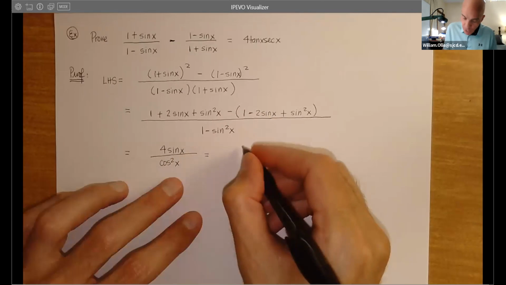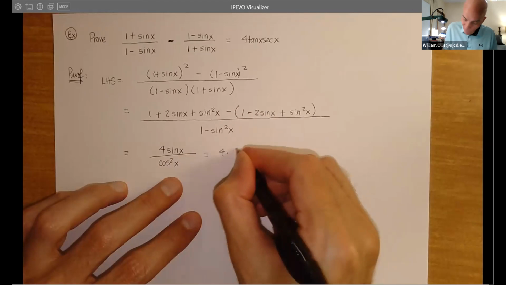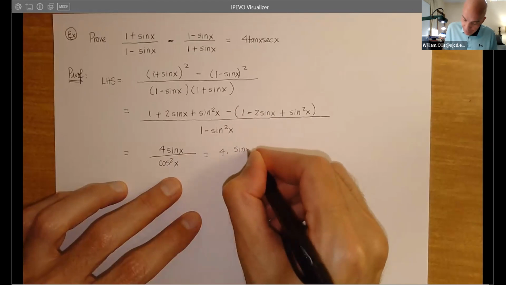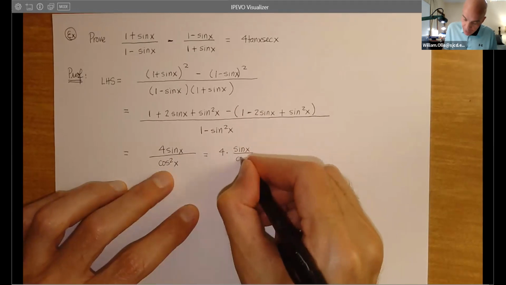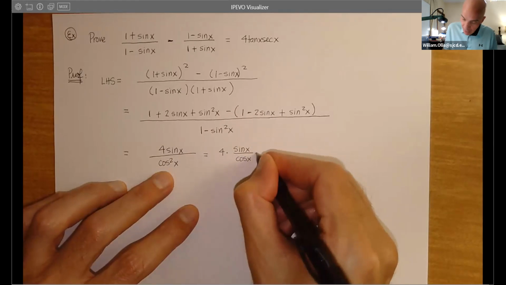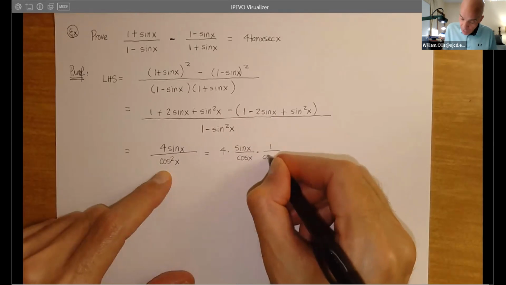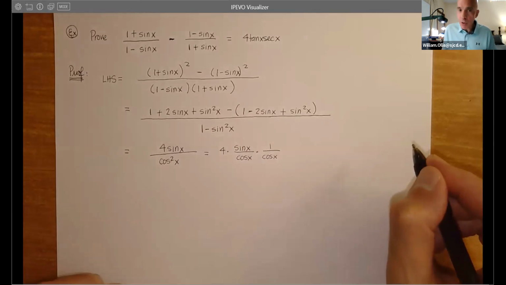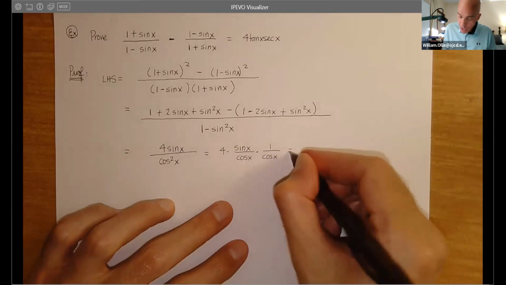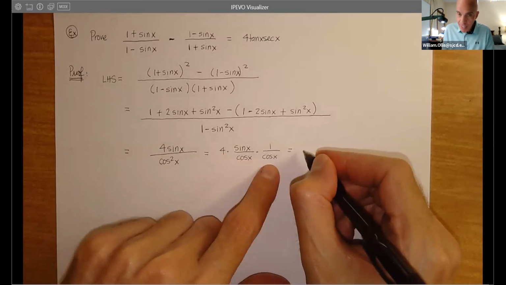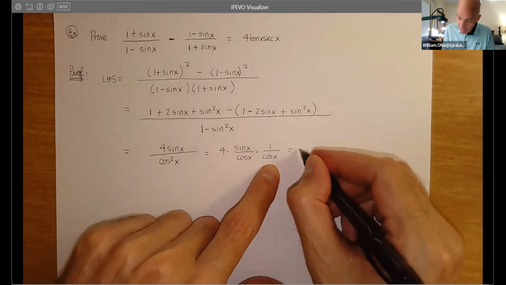So now equal opportunity. This will be 4, and we'll just do sine x divided by one of the copies of cosine x, and then a 1 divided by the other copy of the cosine x, just using properties of multiplication. And so now we get the 4, the tangent x, and then by definition, secant x.